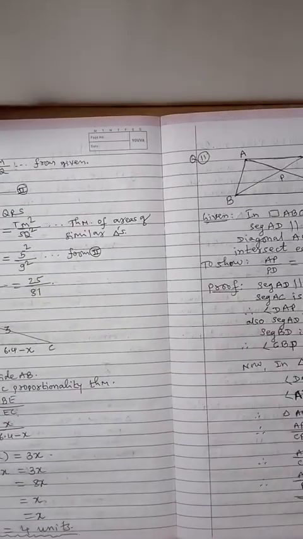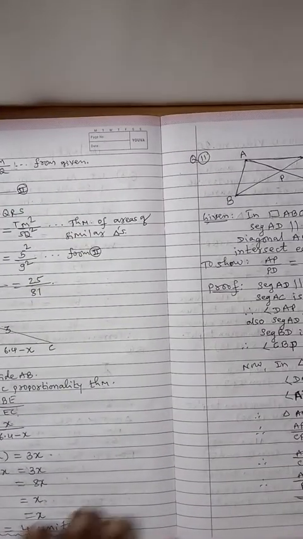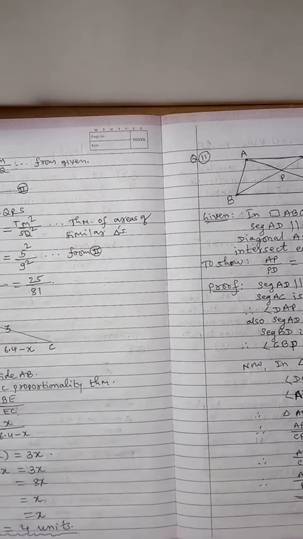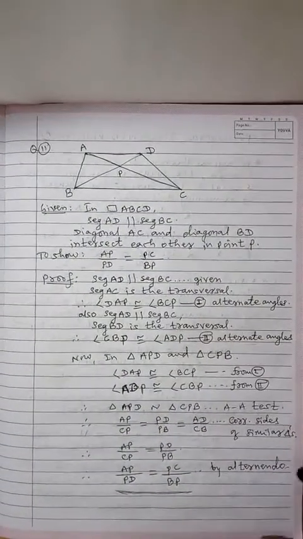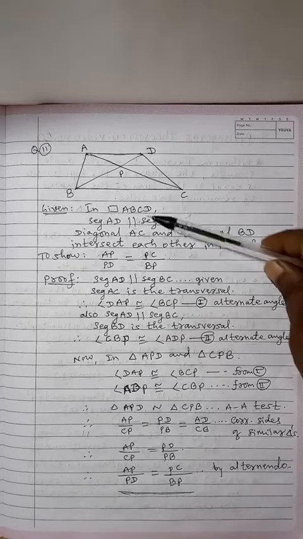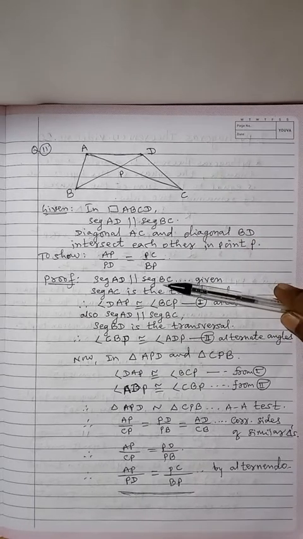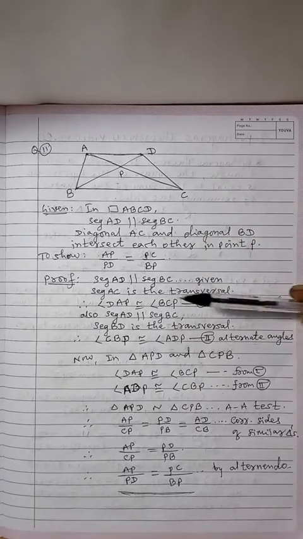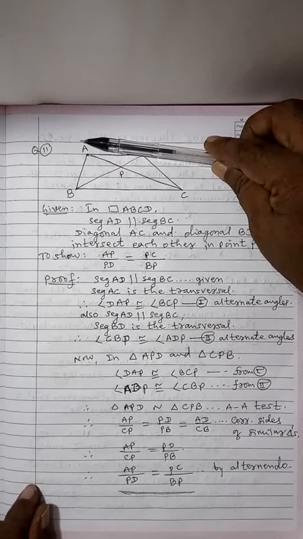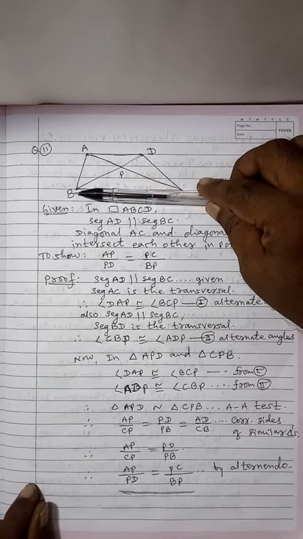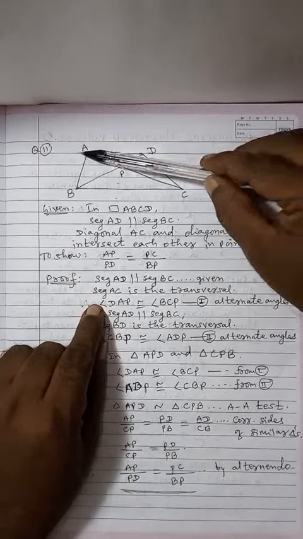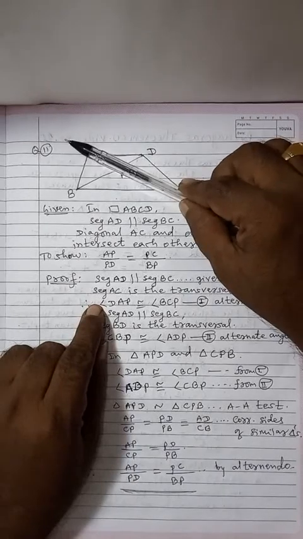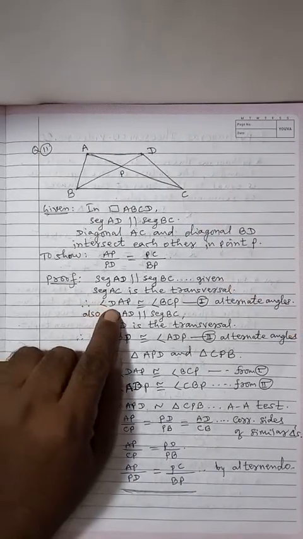So here is the figure we have. Given and to show are there. We'll go for the proof. Now see here, this AD is parallel to BC. You can say the line AD is parallel to line BC, and this segment AC, that is line AC, is the transversal.